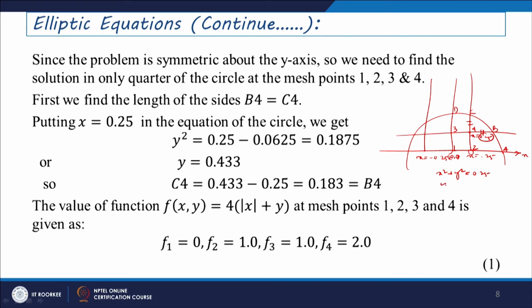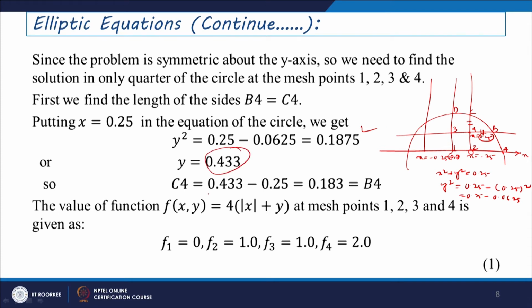So, that is why you can consider y square equals 0.25 minus 0.25 square there, which is nothing but 0.25 minus 0.0625, which is given as 0.1875. If you take the square root of this, then we find 0.433.